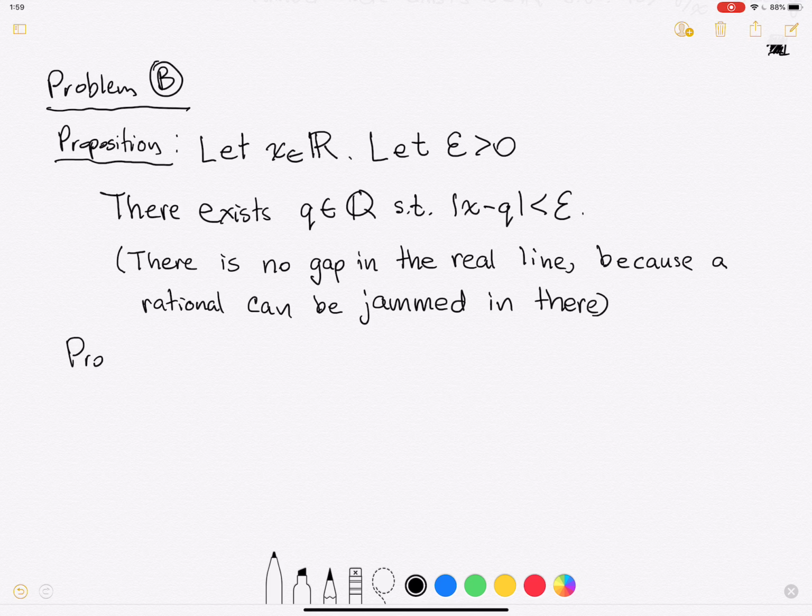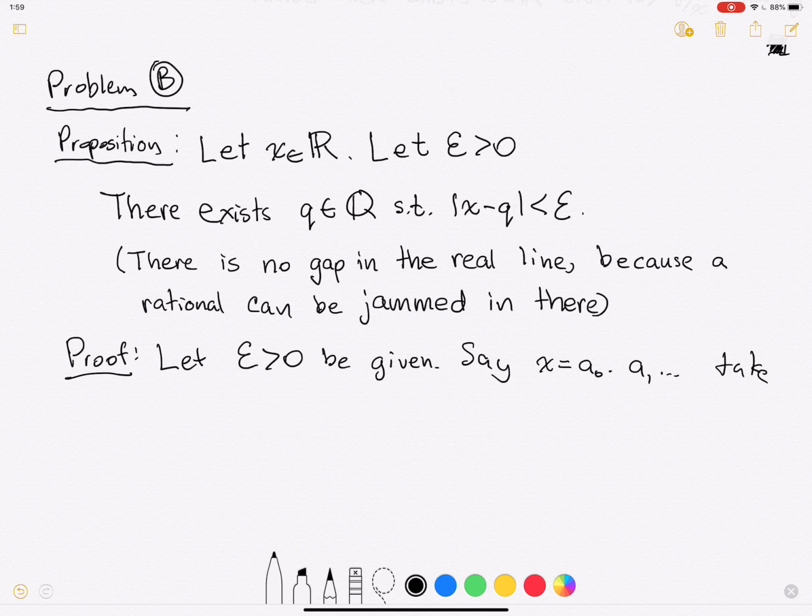So proof: let epsilon greater than 0 be given. Say x is equal to a naught, continuing from there, and take a k as a natural number such that 10 to the negative k is less than epsilon.